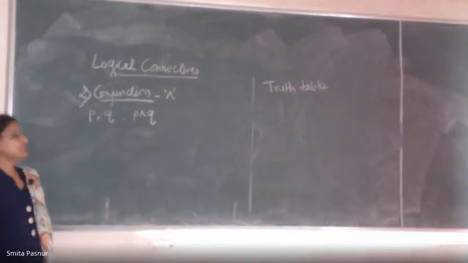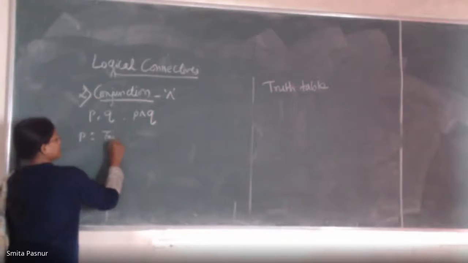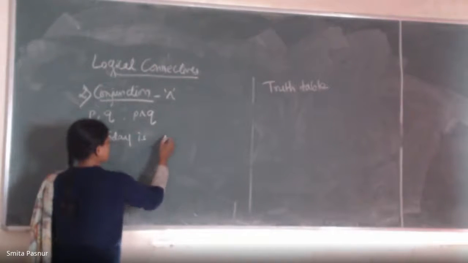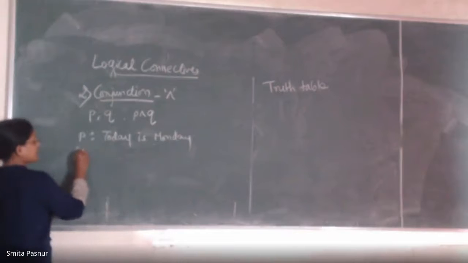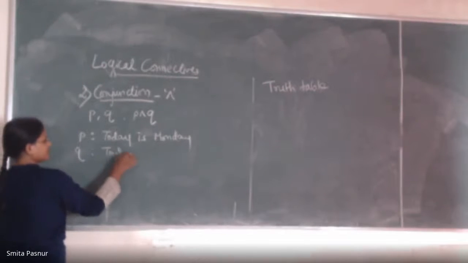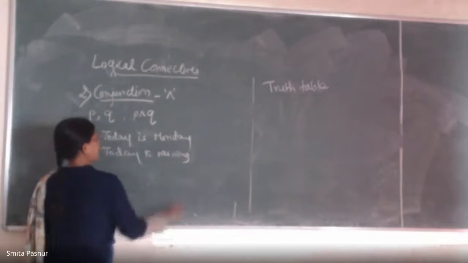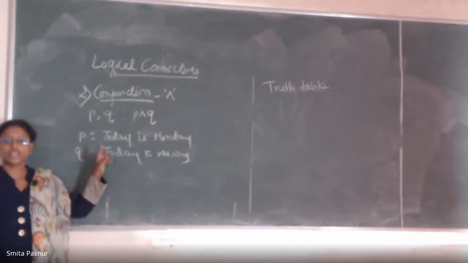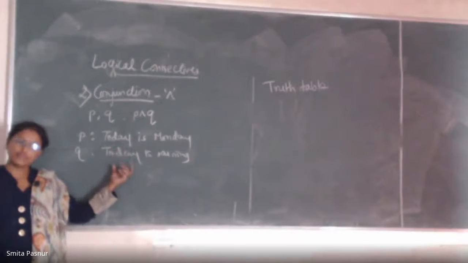So if we are going to see one example, say suppose the P preposition is today is Monday and Q will be today is rainy. So if these are the two prepositions given to us, P is what? Today is Monday and Q is what? Today is rainy. These are the two prepositions.